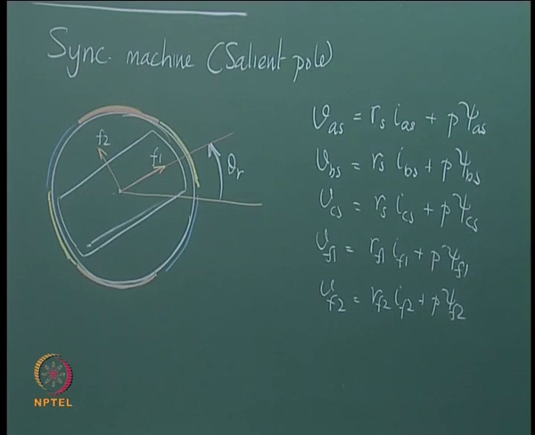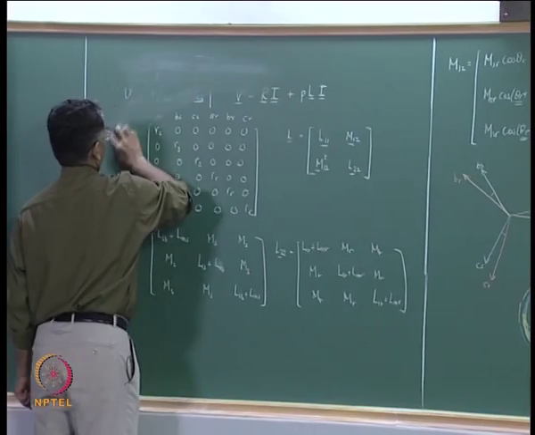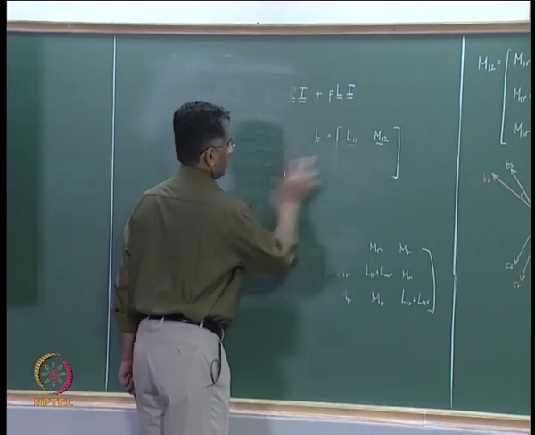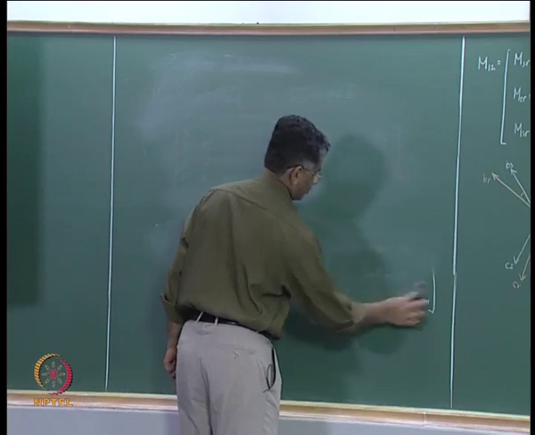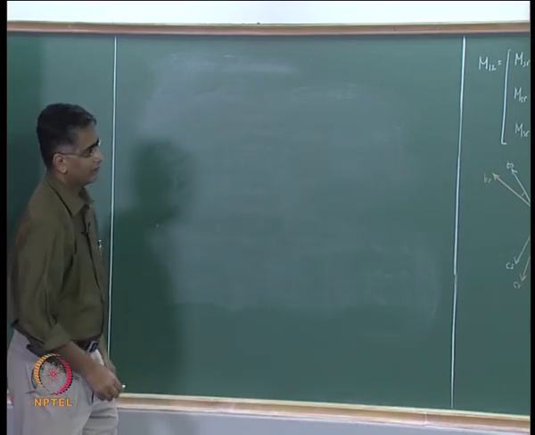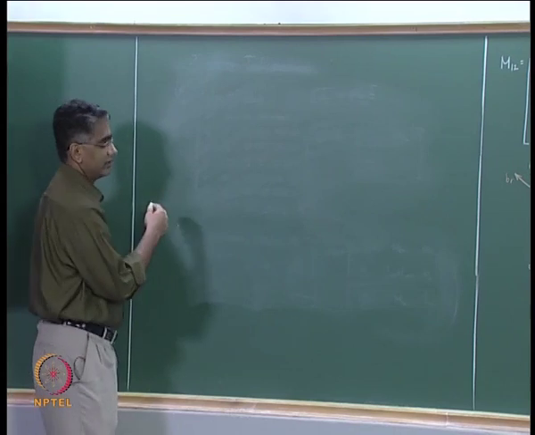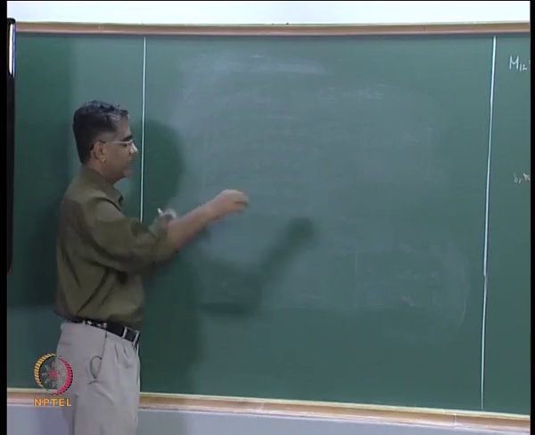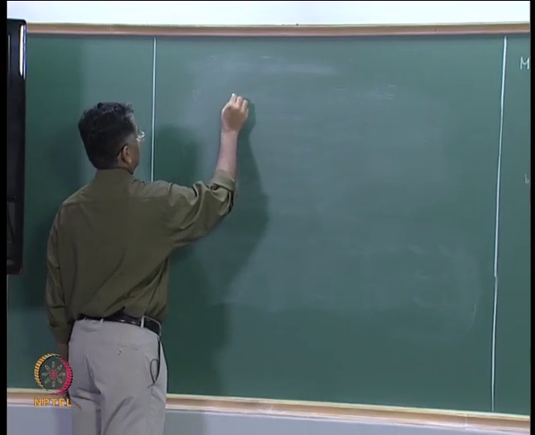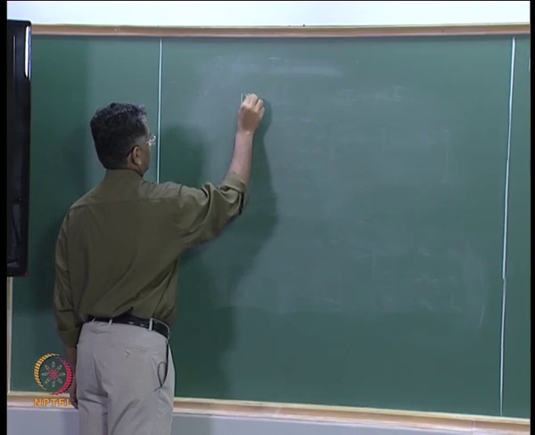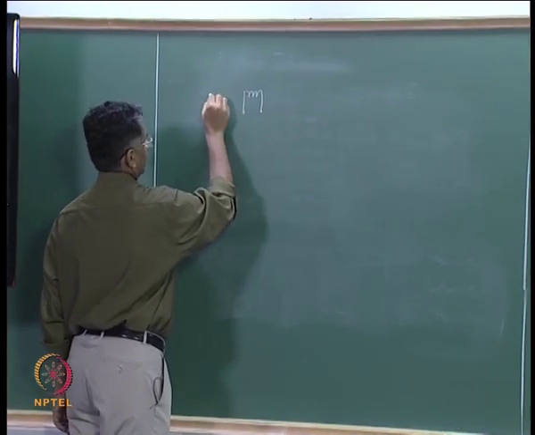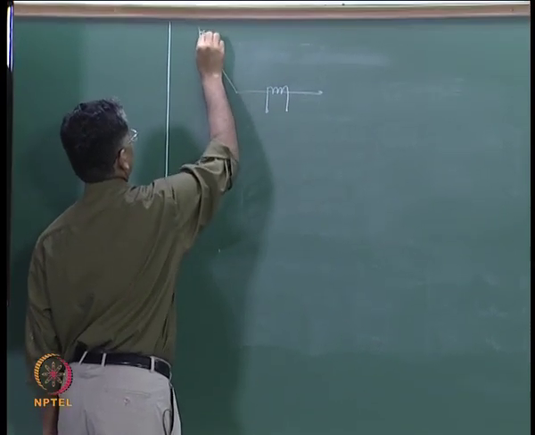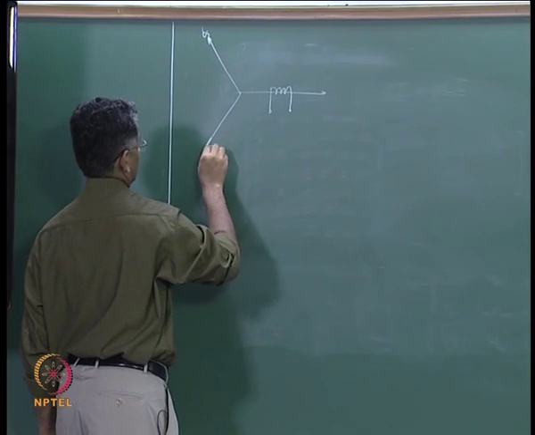Now, there are one or two points to note in the equations that we have written down. These equations assume that you have a coil on the stator which is going to generate an MMF along the AS axis. So, let us say this is a coil on the stator, that is your AS axis, and BS and CS.